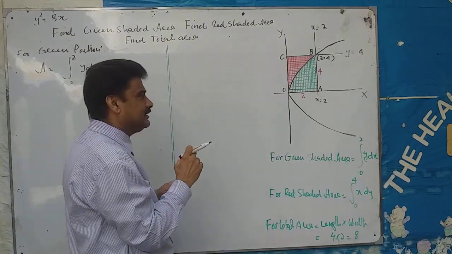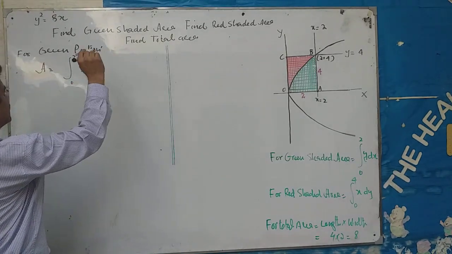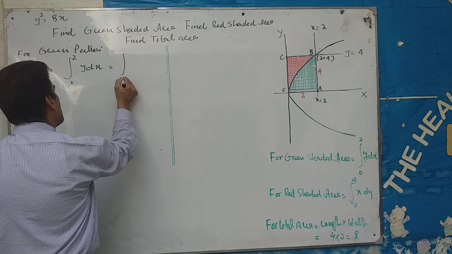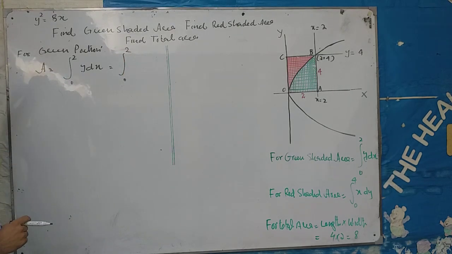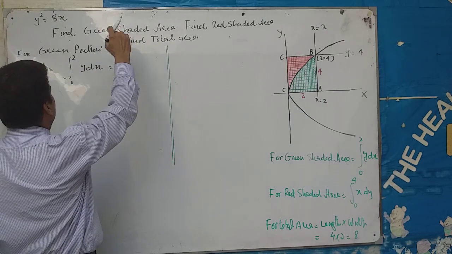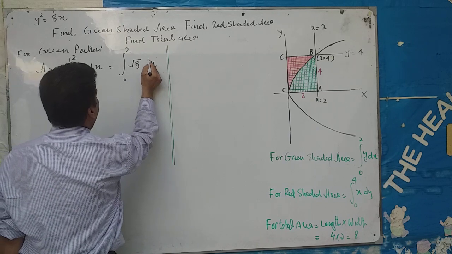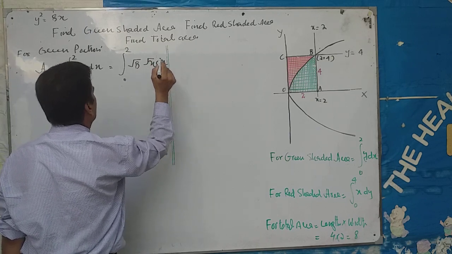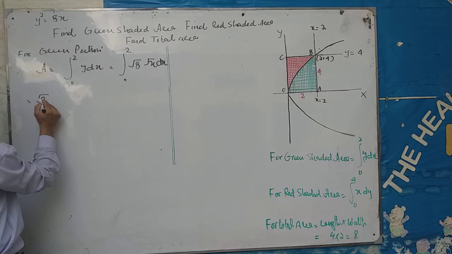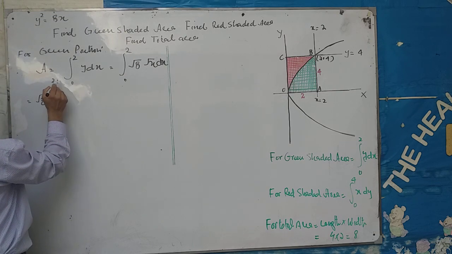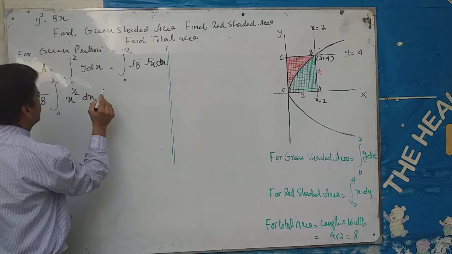When limits are given in terms of x, we use the formula y dx. The value of y from this equation, by taking the square root, is under root 8 under root x. dx. Under root 8 is taken as a constant: integral from 0 to 2 of x raised to power 1 by 2 dx.